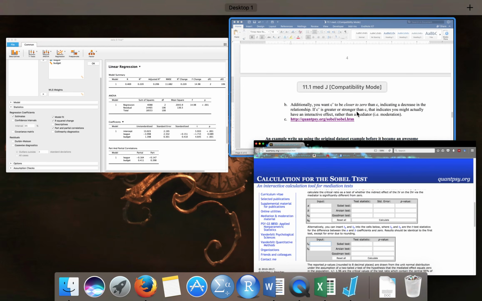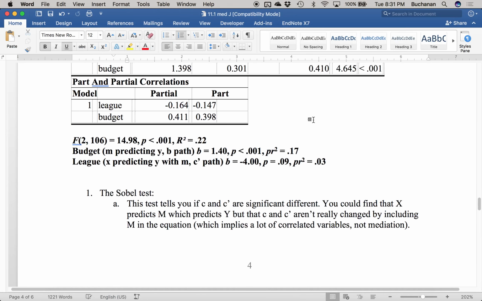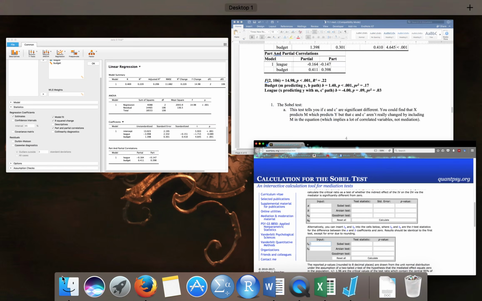I find using the T values the easiest because we've already written them all down. So we want T of the A path and T of the B path. That's confusing to people because I'm testing if C and C prime are different, but I'm entering the numbers for the A and B paths. But that's the way it works.